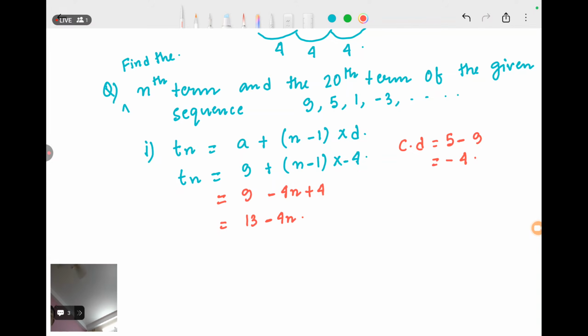So the answer for the nth term will be 13 minus 4n. And now we have to find the 20th term.